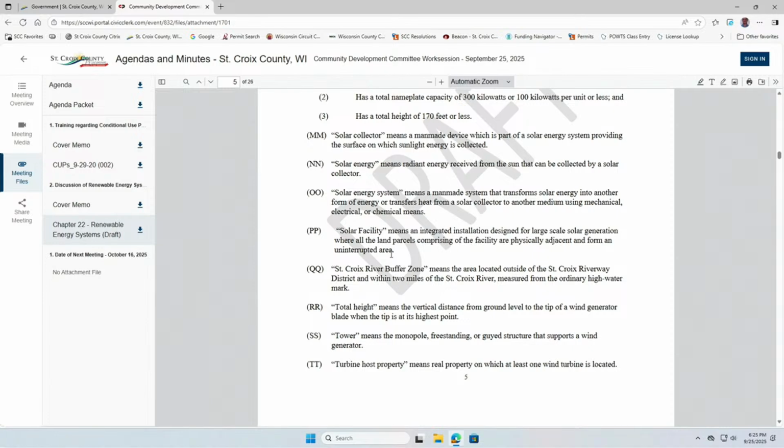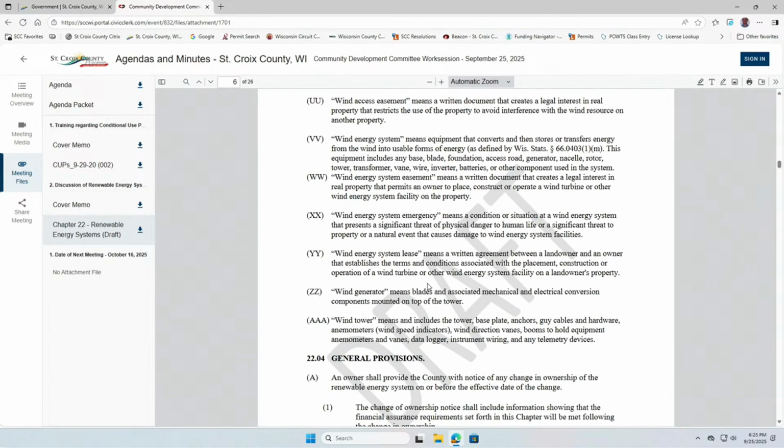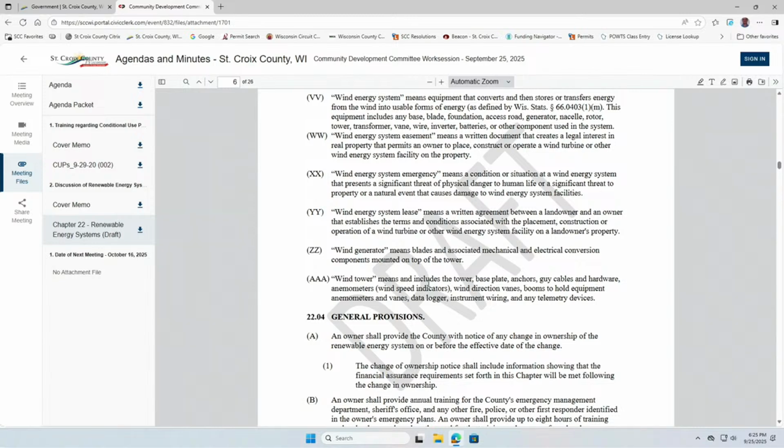So we put in the definitions here that it means an integrated installation designed for large-scale solar generation where all the land parcels comprising the facility are physically adjacent and form an uninterrupted area. That was one change from one of our meetings. A lot of these definitions are right from administrative code, but do you see anything that stands out?